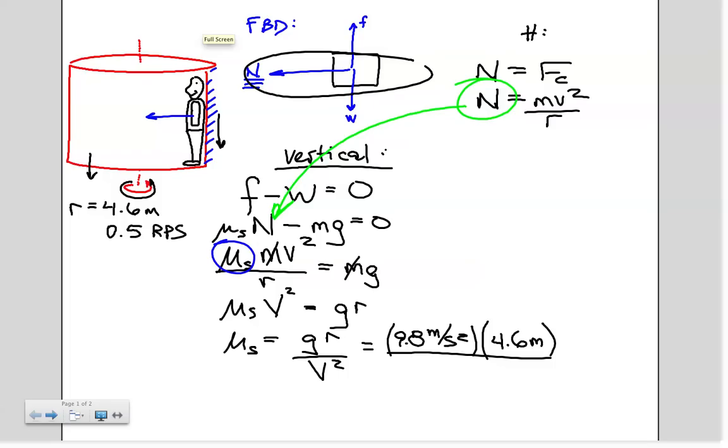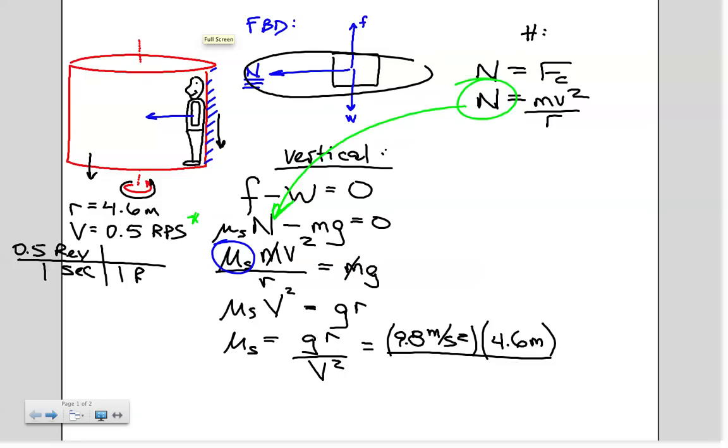This should set off some sort of a flag for you anytime you see RPM or RPS. They're communicating to you the speed of the object. In this particular form, it's rotational speed, but we can get something more usable from that by a little bit of dimensional analysis. So I'm going to get 0.5 revolutions in 1 second.